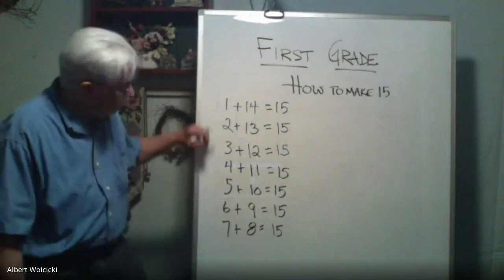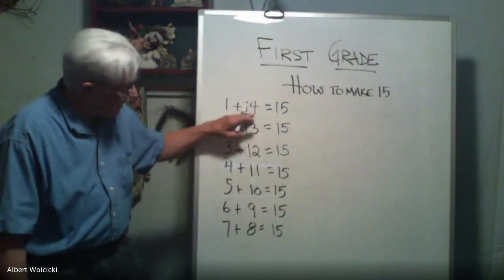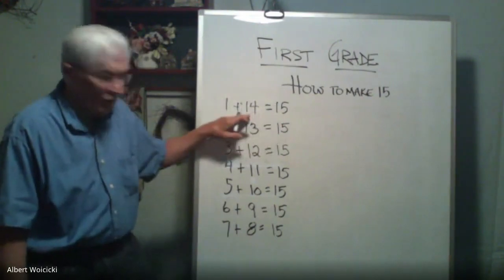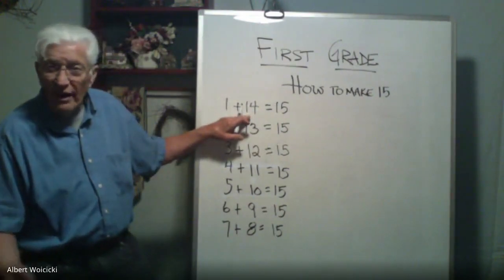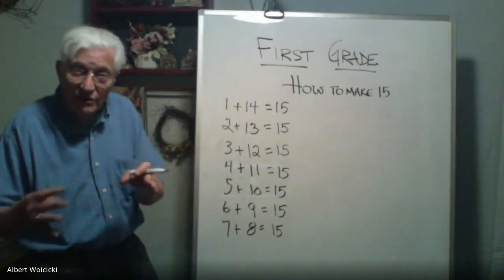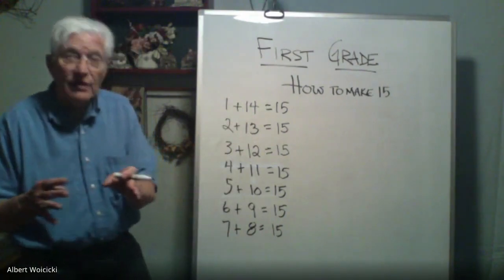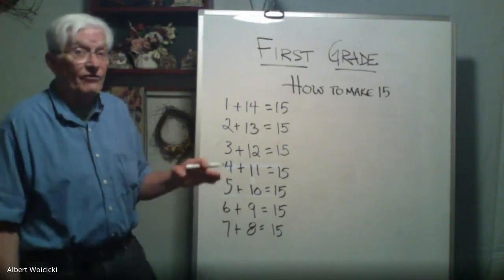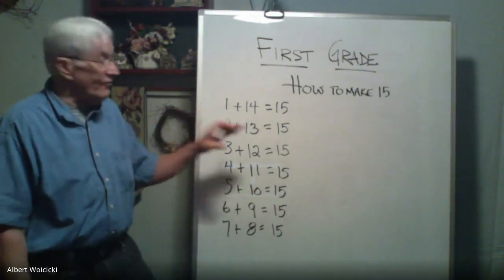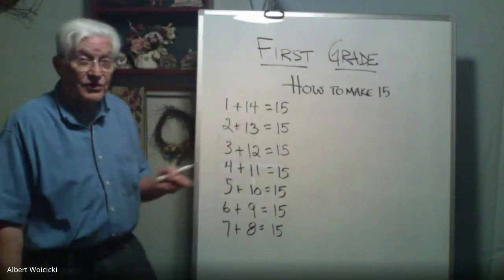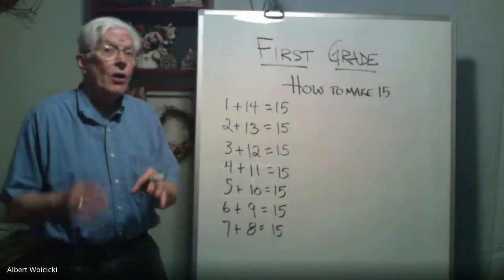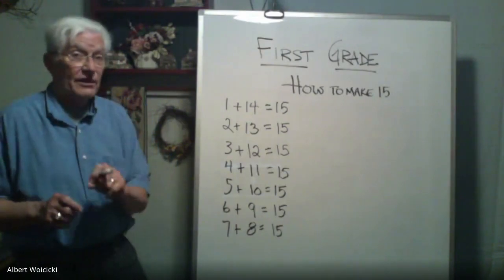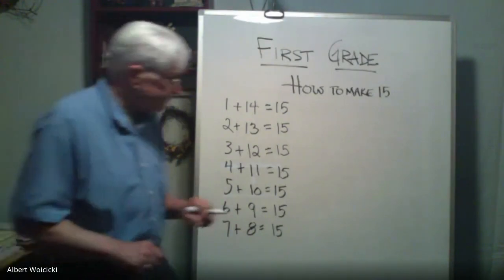They notice, gee, how far away is 1 from 15? Well, it's 14 away. You might talk to them about this later on in the year as they get toward the idea of subtraction, or adding in the opposite direction. I'll toss that out right now, but I'm not going to talk about it at length here.